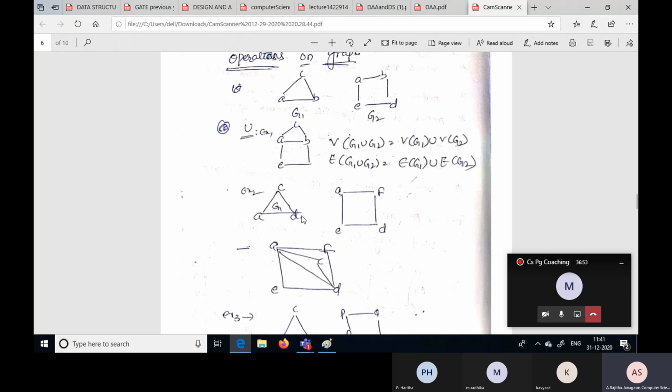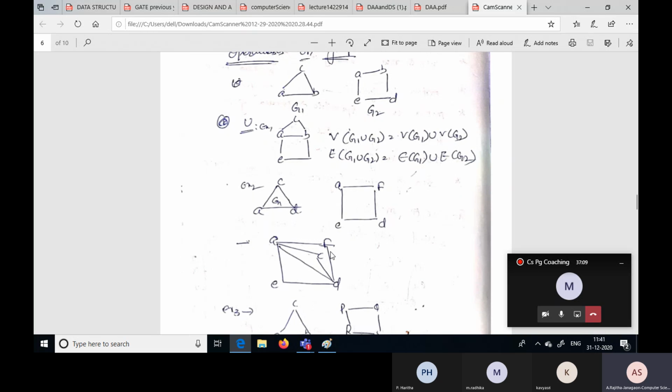Next, from D to F is there and D to C is there. Next A to D is there and D to E is there. Next E to A is there. So G1 union G2 looks like this.